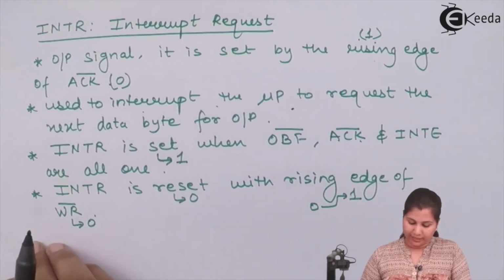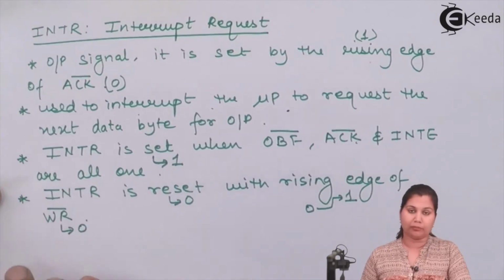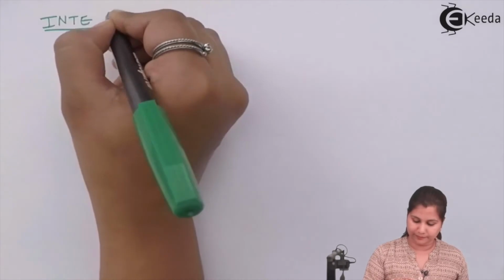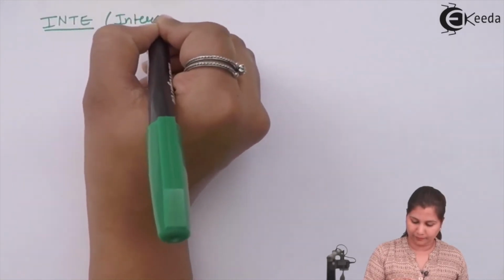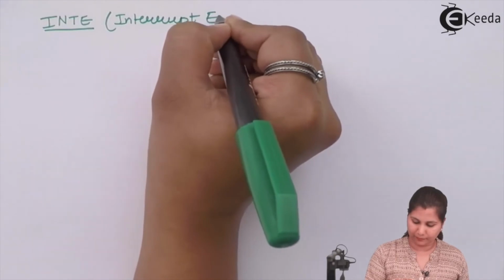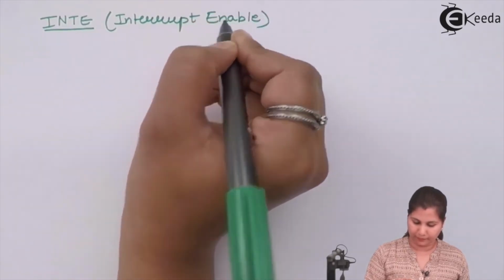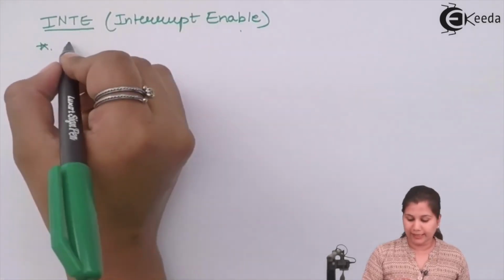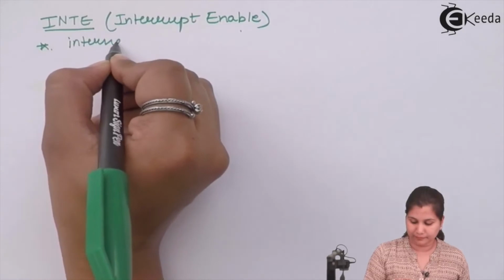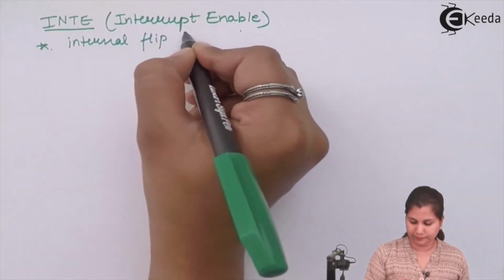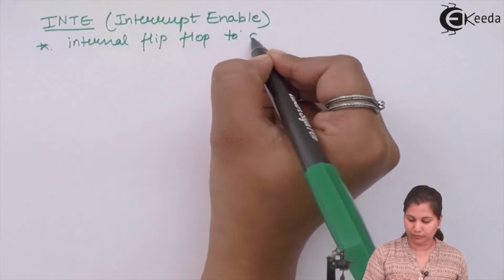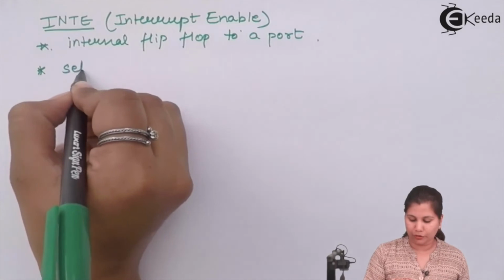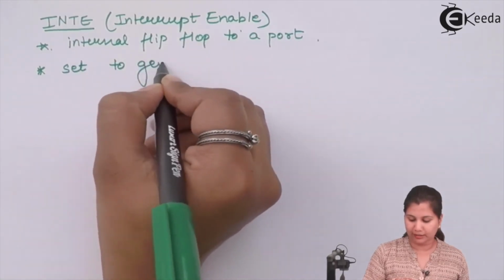Okay, the next signal we have is interrupt enable, INTE. So interrupt enable is again an internal flip-flop to a port, and this is set to generate INTR.